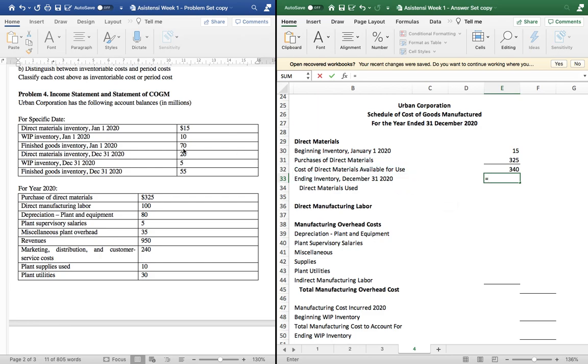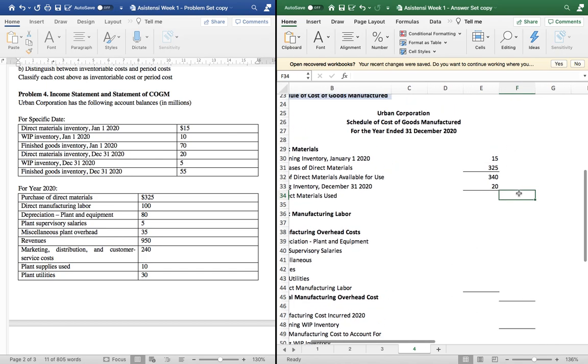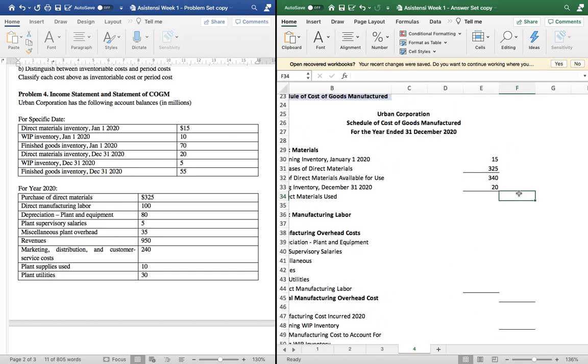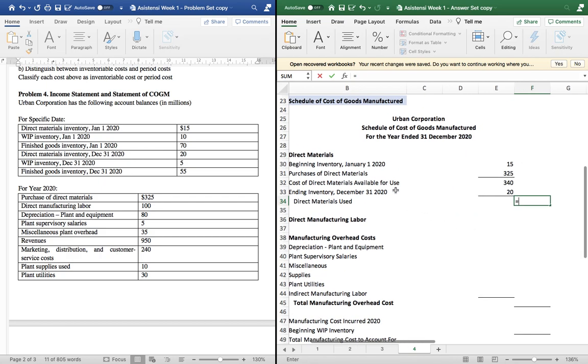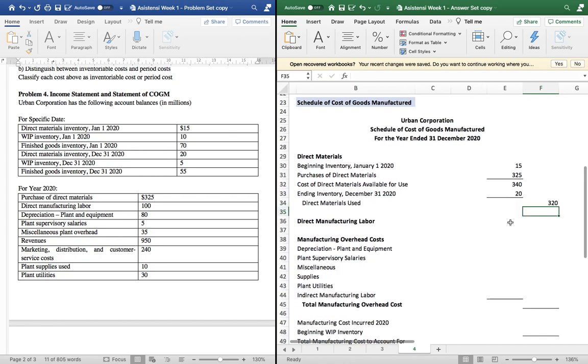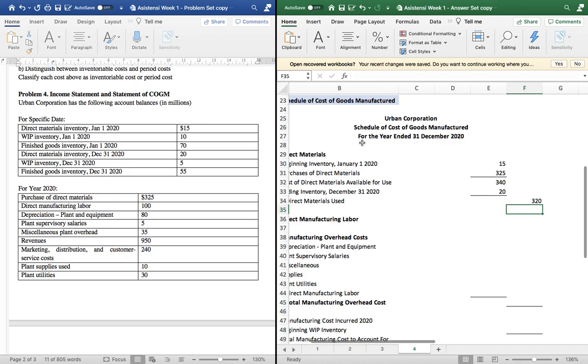Sorry, it's supposed to be 20 million dollars. So direct materials inventory at the end of the year, 20. And then the cost of direct materials available for use in 2020, and we subtract the ending inventory at the end of the year. We got direct materials used in 2020 is $320 million.